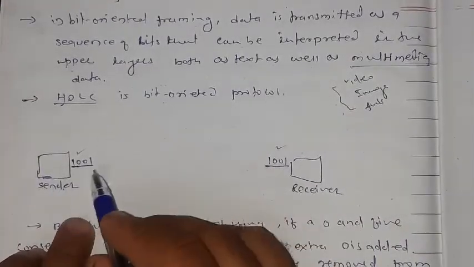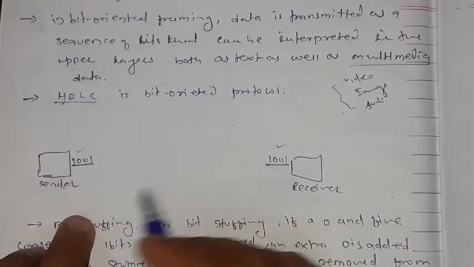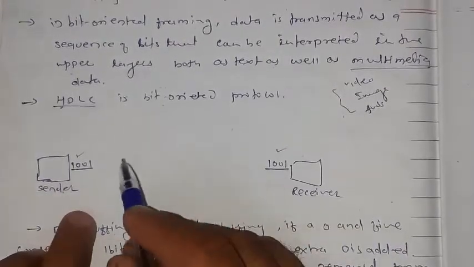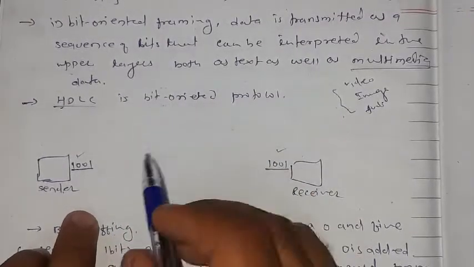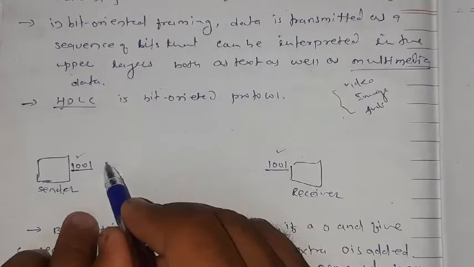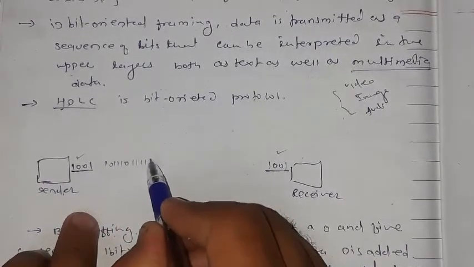So whenever the conversation is done between sender and receiver, suppose we go through the bit oriented protocol, so here suppose there is the data set.